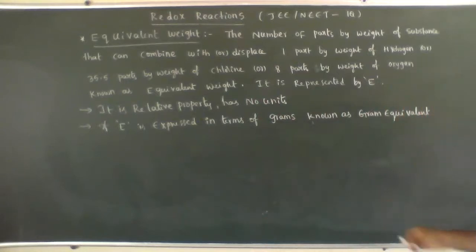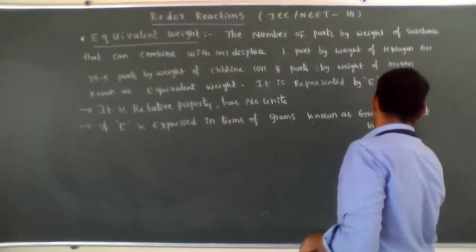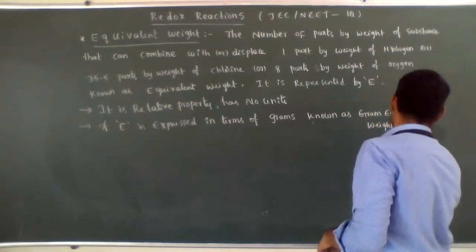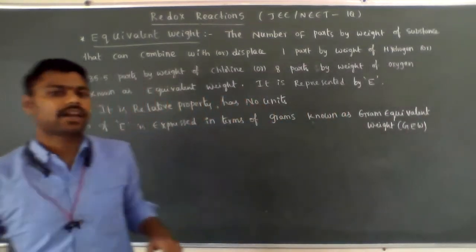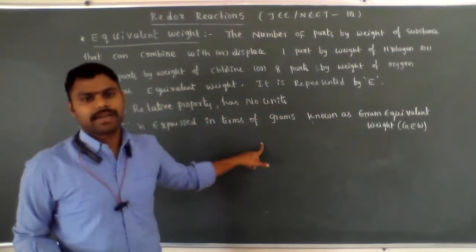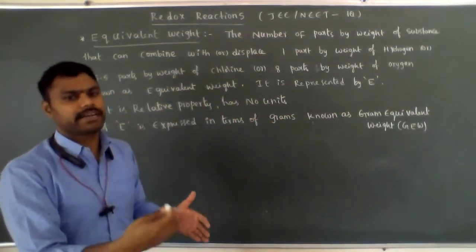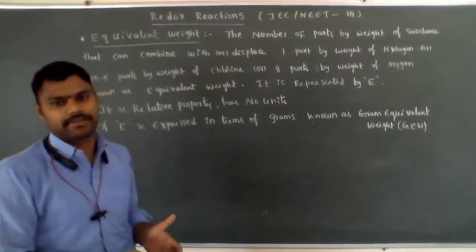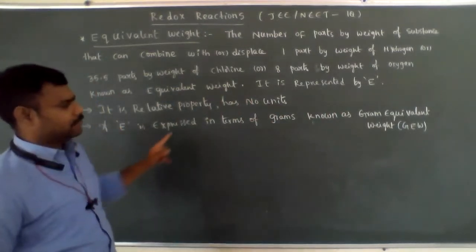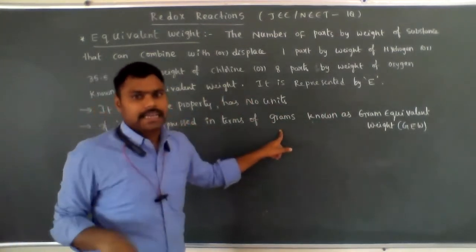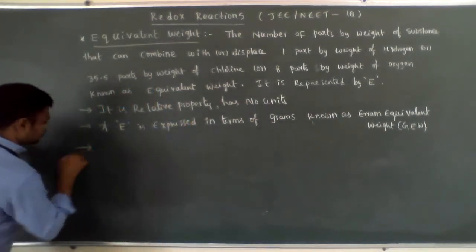The shortcut for gram equivalent weight is GEW. So equivalent weight is also called gram equivalent weight. Simple example: atomic weight we also call gram atomic weight, and molecular weight we also call gram molecular weight. In the same way, equivalent weight expressed in terms of grams is known as gram equivalent weight.